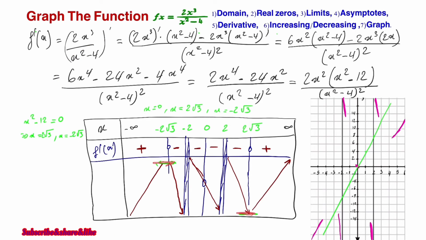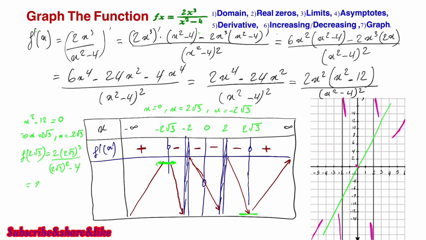So let's do that. We have f of 2 square root of 3. What we'll have is 2 times 2 square root of 3 to the third over 2 square root of 3 to the second minus 4.